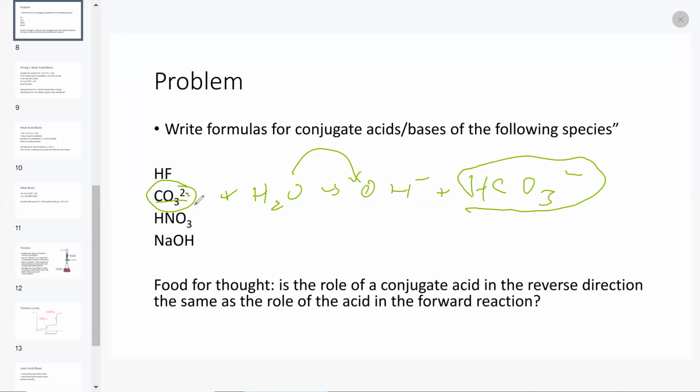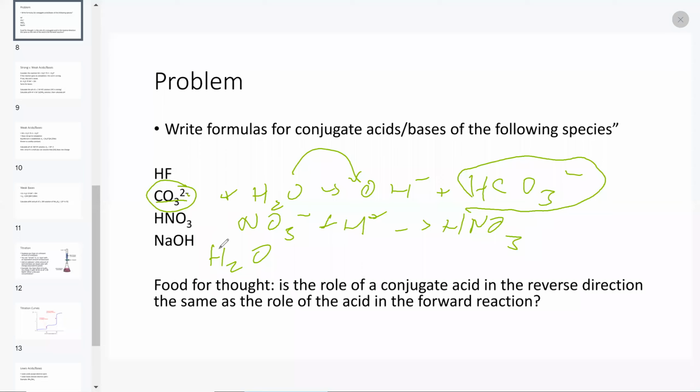So what species will accept a proton to form HNO3? So it should be NO3 minus, right? Because NO3 minus is a base that will react with H plus to form HNO3. Okay. And finally, we have NaOH, and NaOH is a base, and its conjugate acid is H2O.